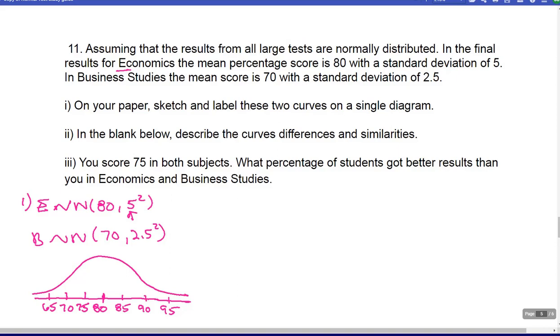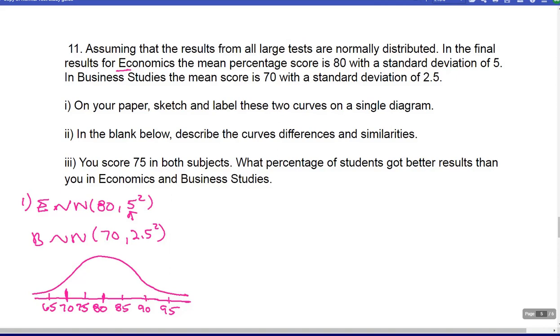Now, how is this other one going to be different? It would have the mean of 70. So what's going to happen is its peak is going to be right here. Now what else is going to be different about it? It's going to have a standard deviation of 2.5. So how's that going to affect the way the graph looks?